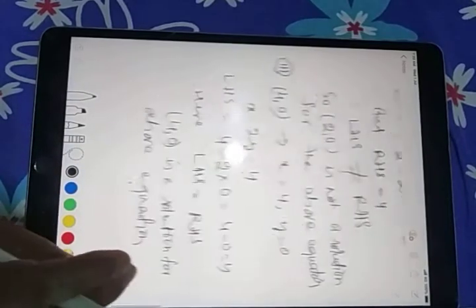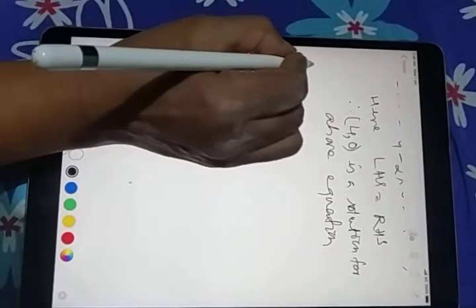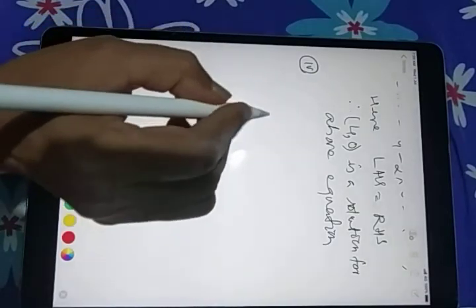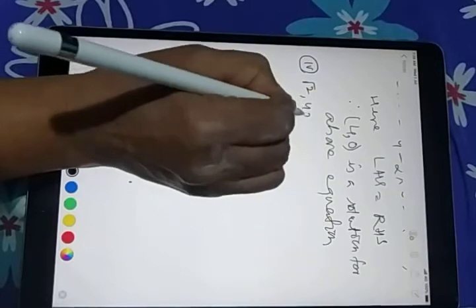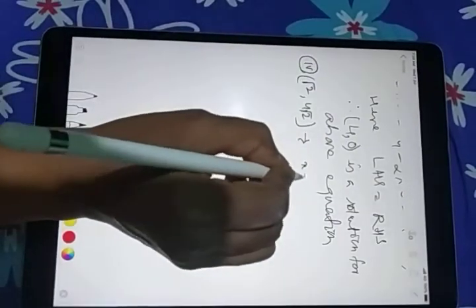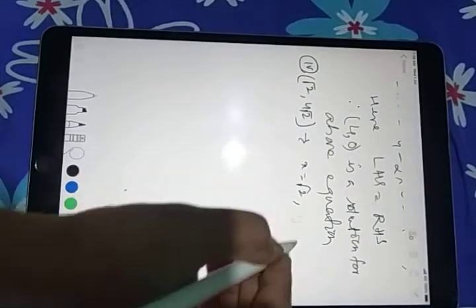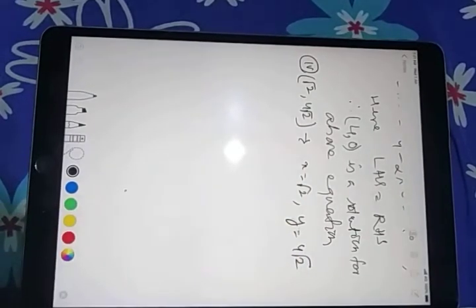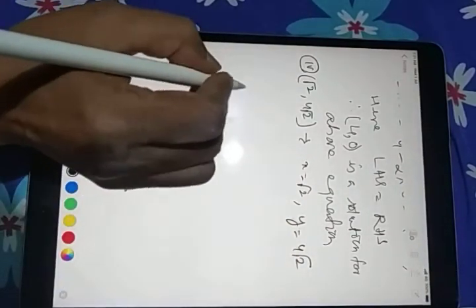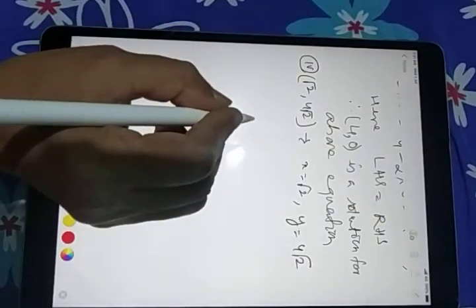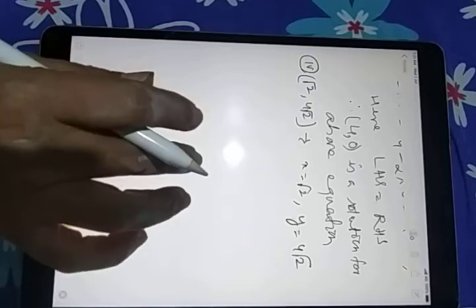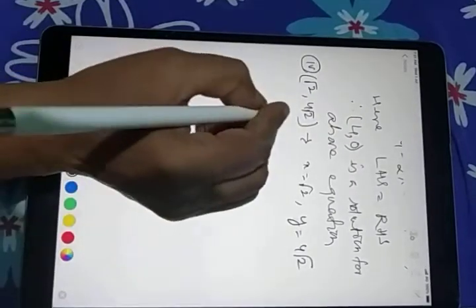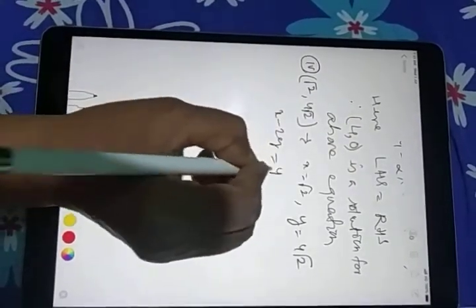Now fourth part is (root 2, 4 root 2). This means x equal to root 2, y equal to 4 root 2. Here equation is x minus 2y equal to 4.